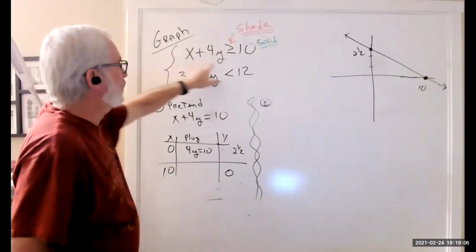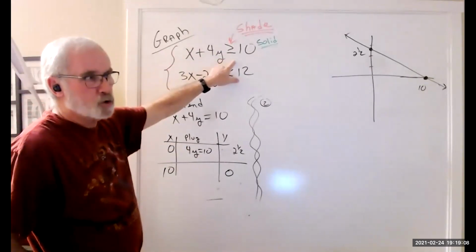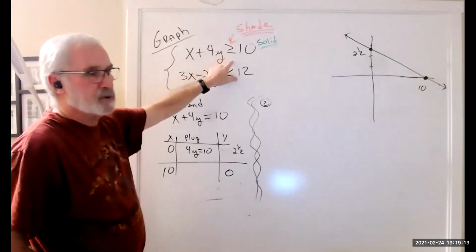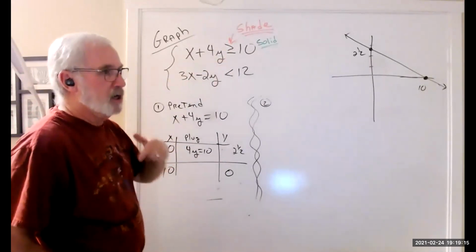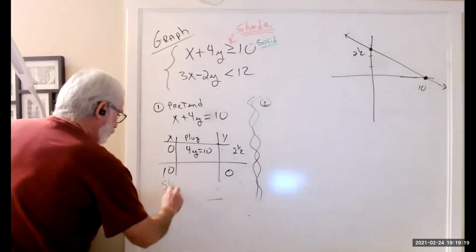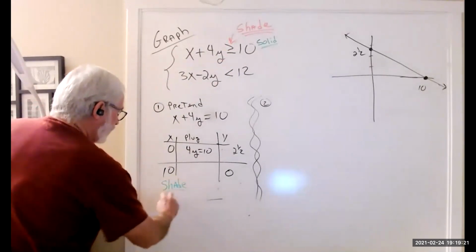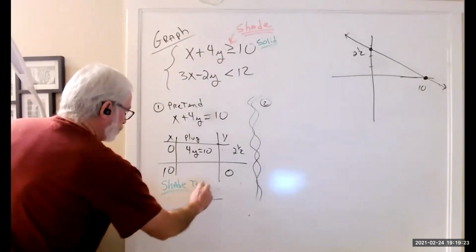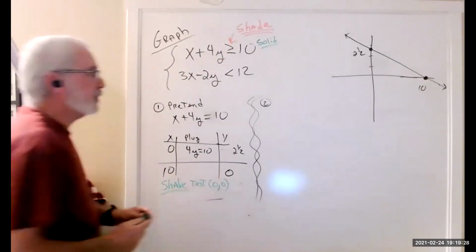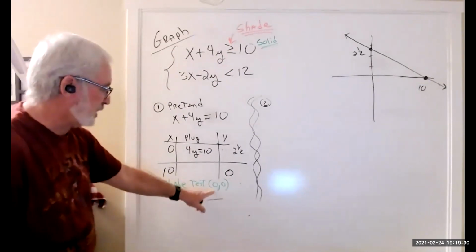Unfortunately, the way this problem is written, there's no shortcut to it. I've talked about a shortcut, but this particular problem doesn't have one. So to figure out where to shade, we pick a test point. Generally, because we're lazy, we pick (0, 0) as our test point.